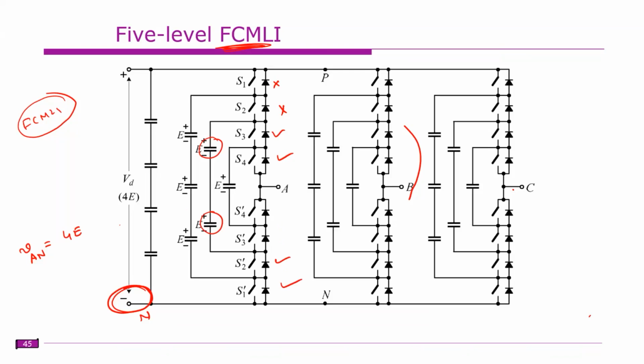These two are connected, so it will be something like this. Now only this switch is on. These three switches are on. What is the voltage? E. It is connected only to this capacitor.